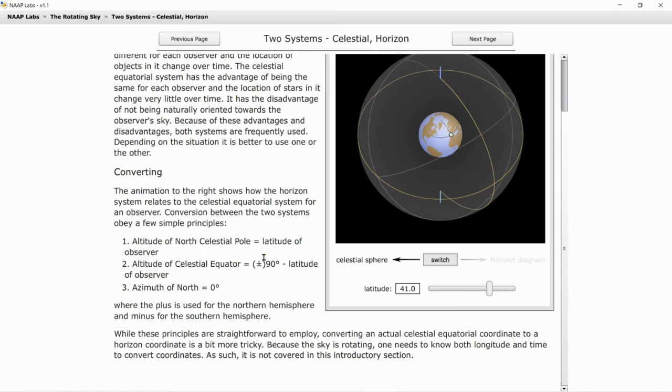The plus is used for the northern hemisphere and minus for the southern hemisphere. As soon as we cross the equator into the southern hemisphere, notice that my latitude goes negative. At the equator it's zero, north of the equator positive numbers, south of the equator negative.